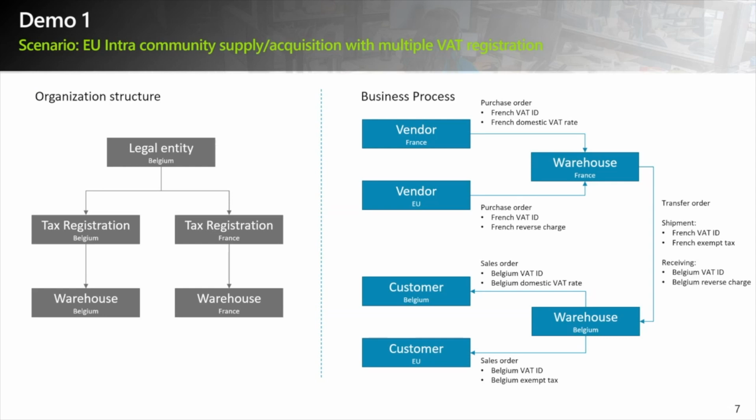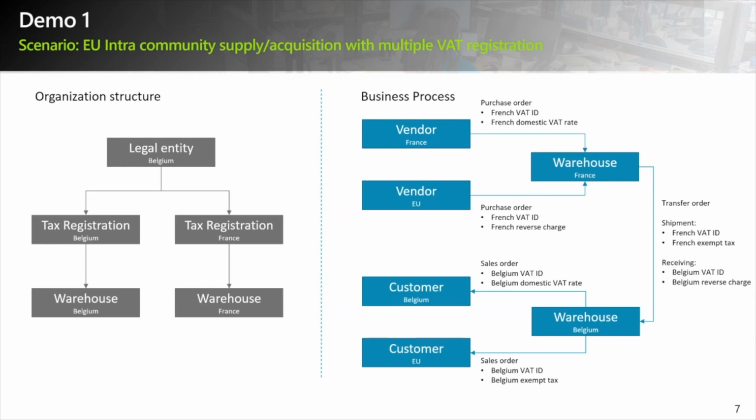So the background of this business process is that the legal entity purchases goods from a French supplier to their warehouse in France, and from an EU vendor to their warehouse in France.